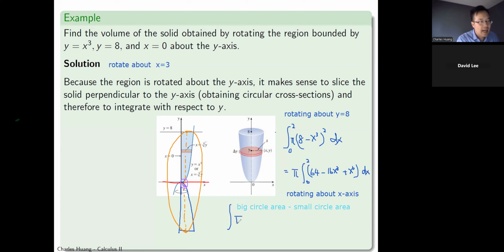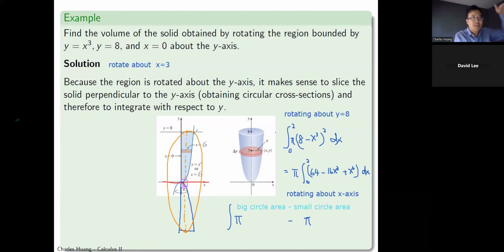So we'll do pi, and you can do pi r squared for both. Let's just do pi r squared minus pi r squared. For the big circle, you'll notice the top is always at 8.